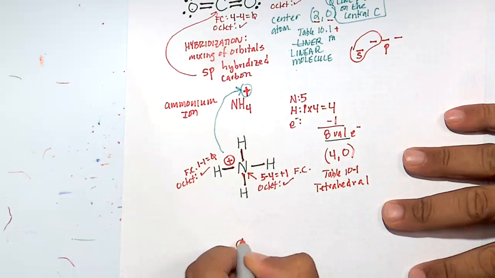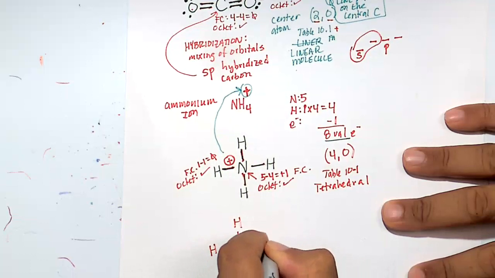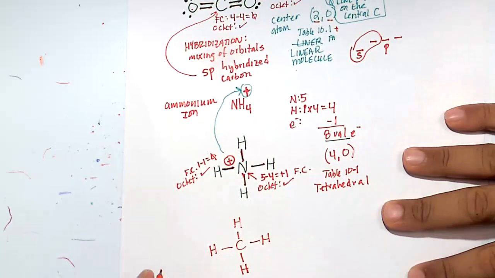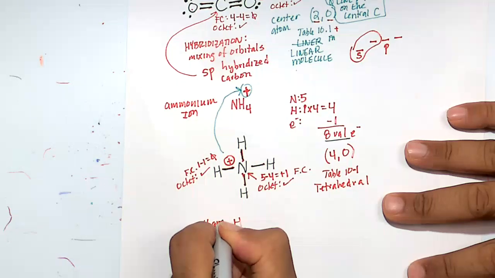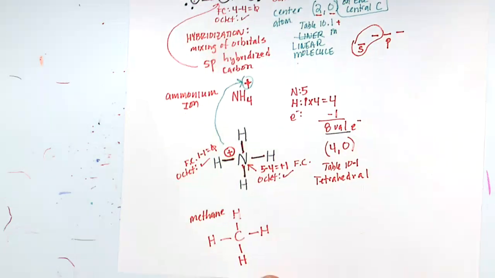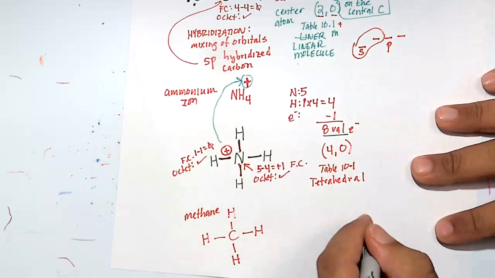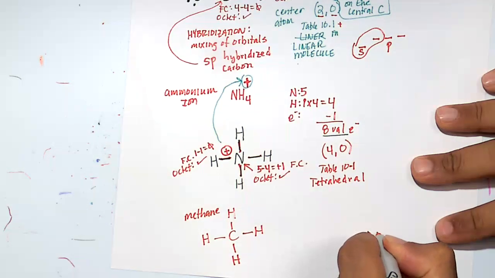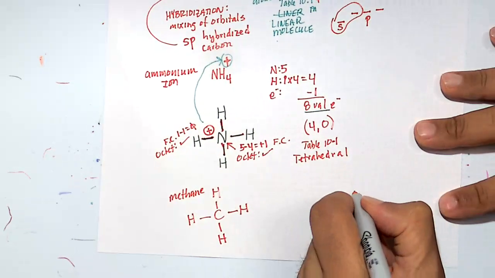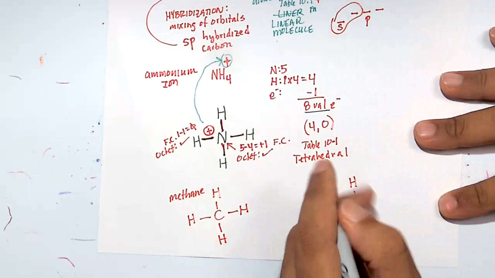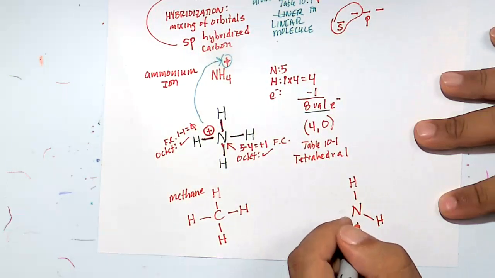Same thing with methane. Okay, tetrahedral. So how do you draw a tetrahedron? Have your nitrogen. I'll have one of the hydrogens on the plane, and the other hydrogens here.